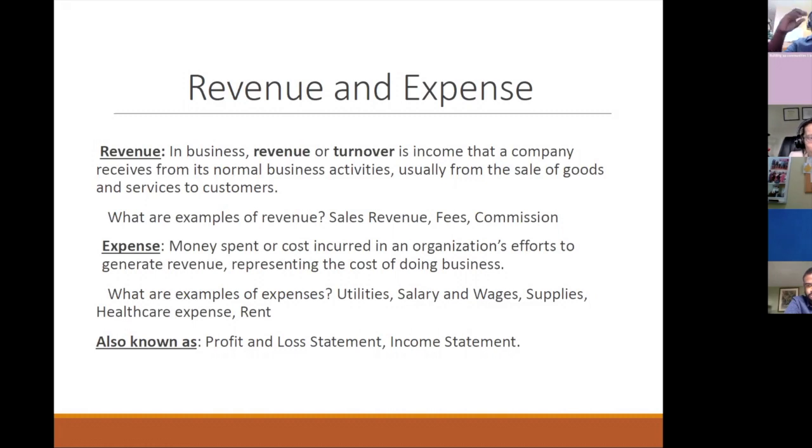And remember that those materials are what you're going to use to sell to get revenue. So that's what an expense is, right? Now, when we talk about revenue and expense, what is it known as on a statement? Profit and loss or income statement. Now we're going to go through the three main financial statements. Next slide, please, John.